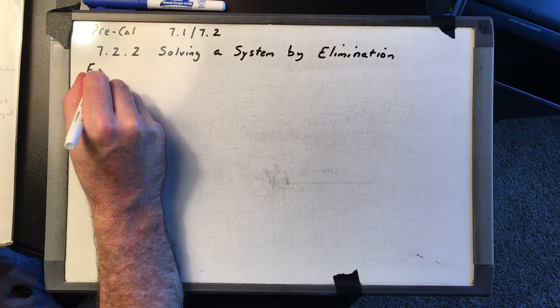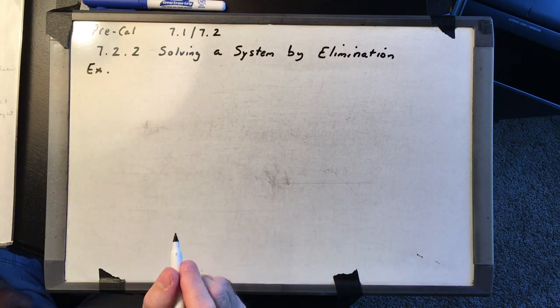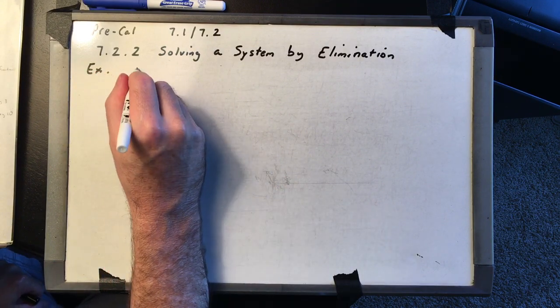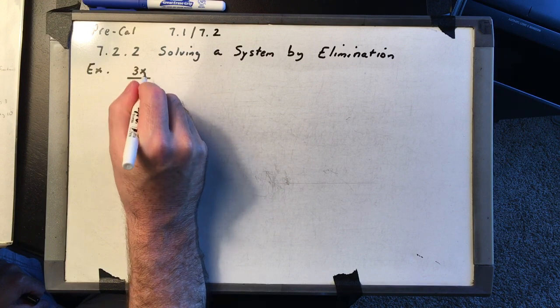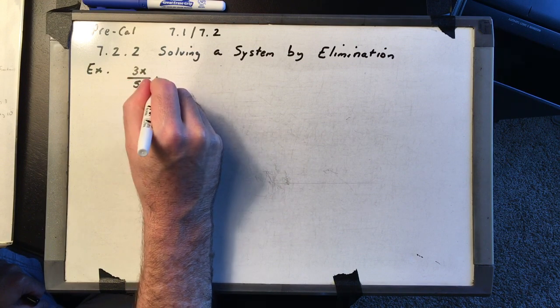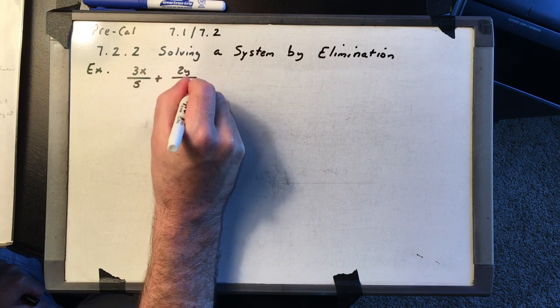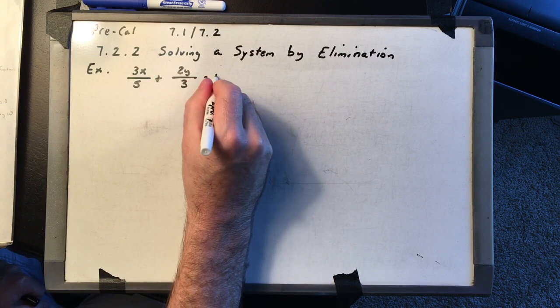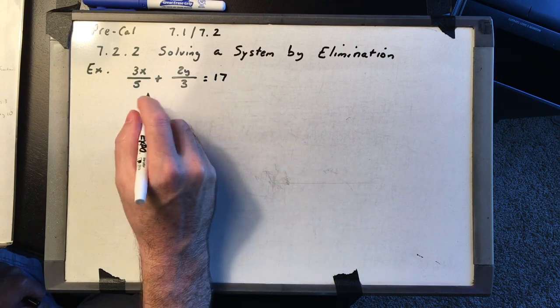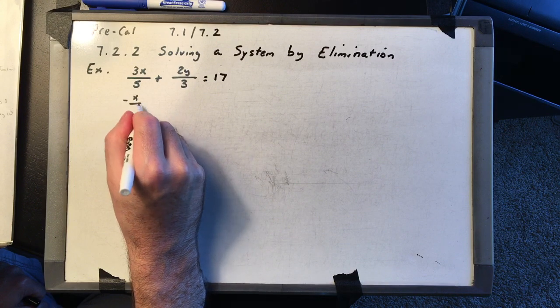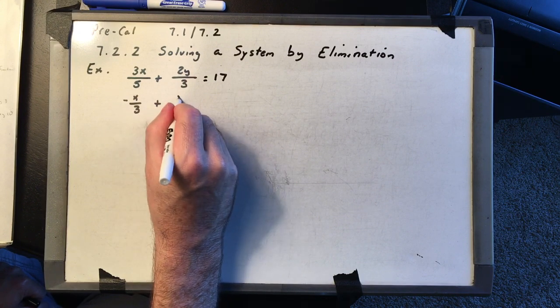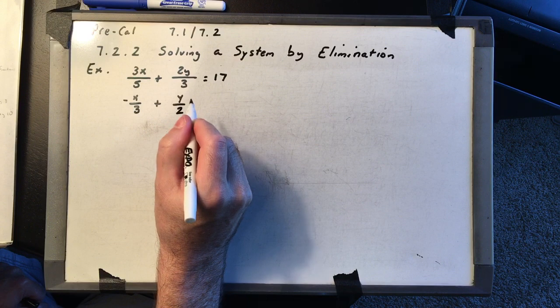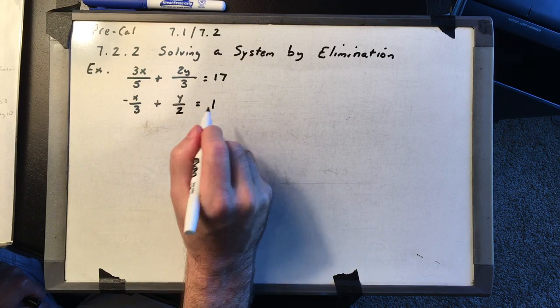Okay, so this example, let's say we have 3x over 5 plus 2y over 3 is equal to 17. And negative x over 3 plus y over 2 is equal to 1.